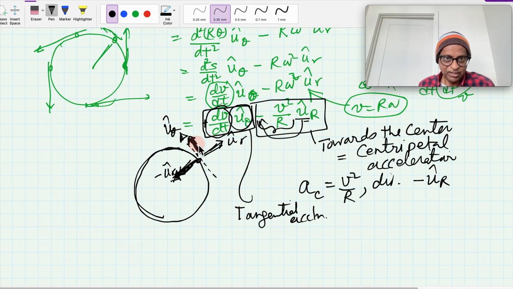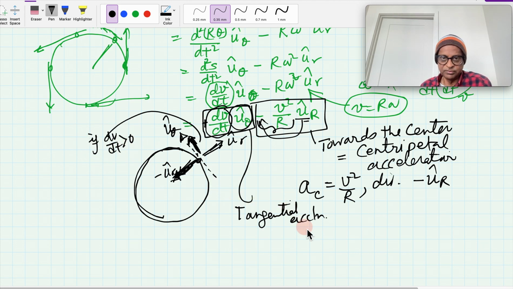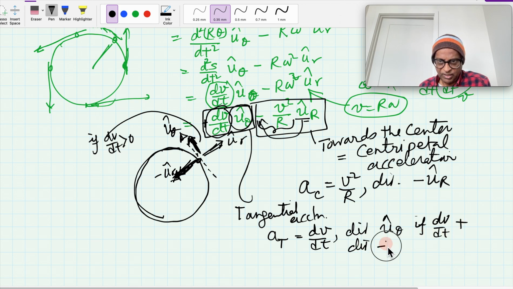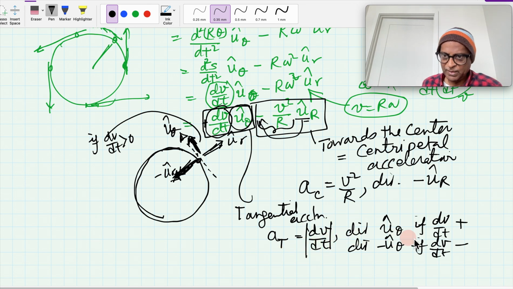It points like this if dv over dt is positive, and we say a tangential is dv over dt, and the direction is u hat theta if dv dt is positive, and minus u hat theta if dv dt is negative. So we can just include the magnitude, the absolute value here, and use the direction like that.